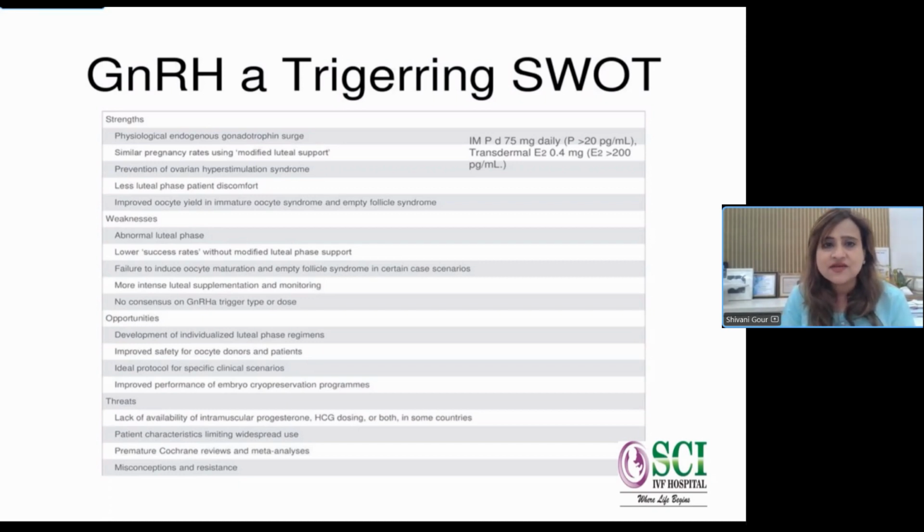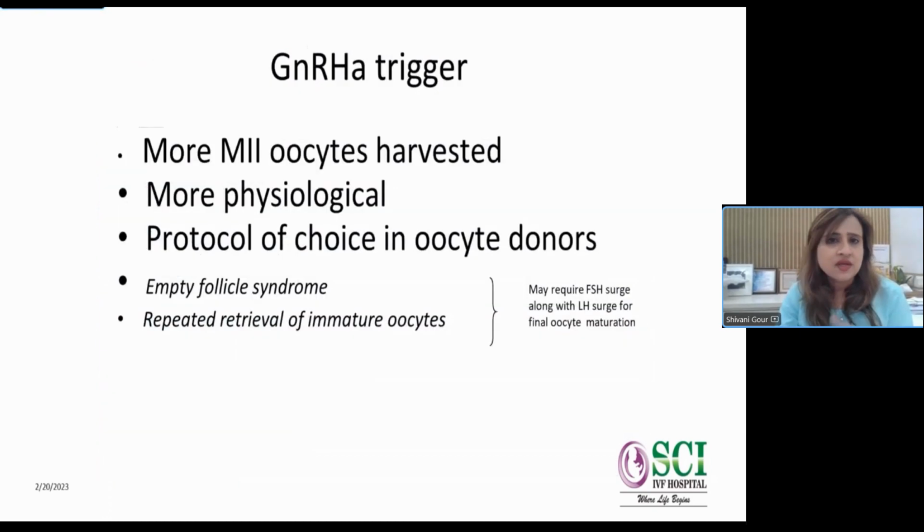The strength is that it is a physiological endogenous surge, but of course the problem is that the luteal phase is very poor, and it is an opportunity to develop individualized luteal phase support, like checking the estrogen level. It has to be maintained above 200, so you can give transdermal estradiol or oral estradiol along with it.